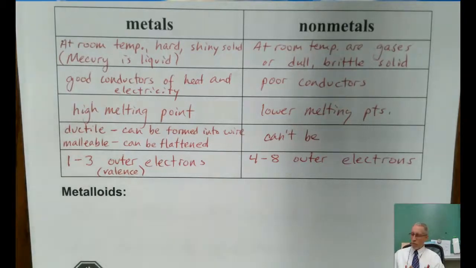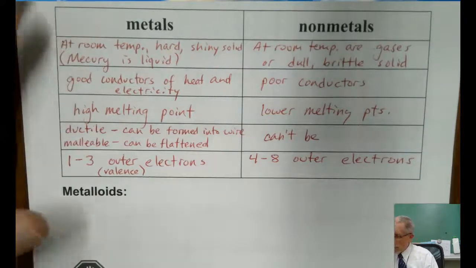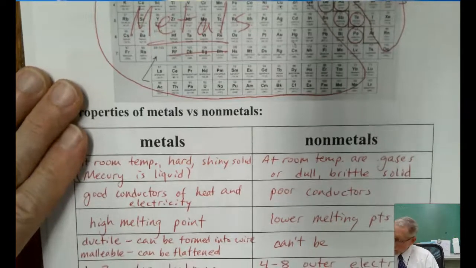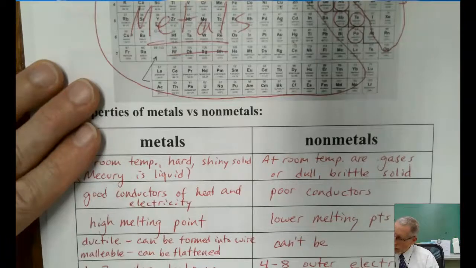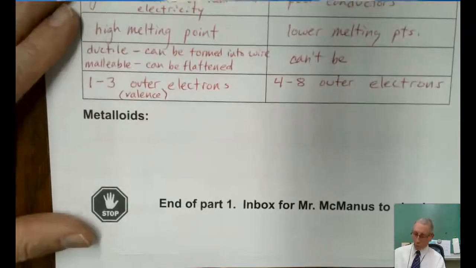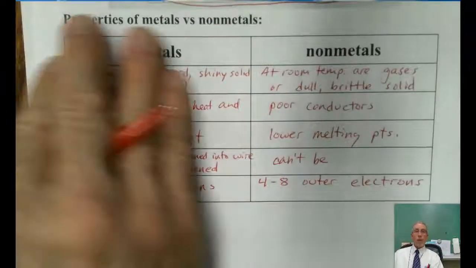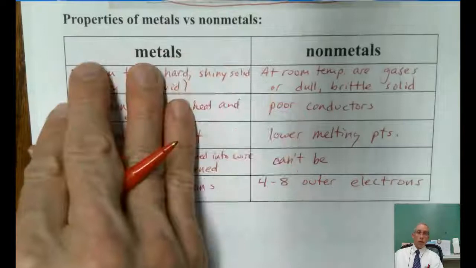Well, what about properties of metalloids? I don't know if you'd know many of the metalloids. Silicon, you might see silicon sometime. Maybe I'll show you. I have a sample. But most of these are not ones you recognize. But I'm just going to summarize it as saying their properties are somewhere in between the metals and the nonmetals.